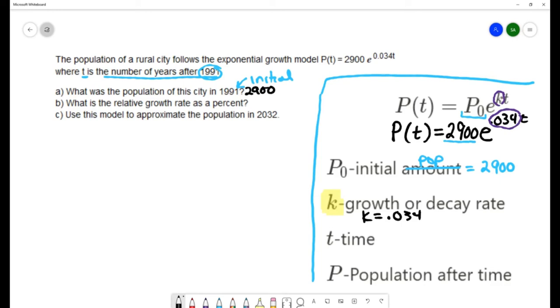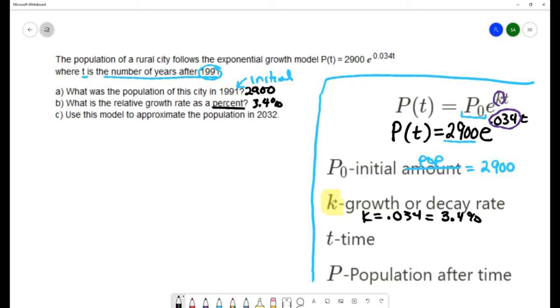This question specifies that it wants it as a percentage, so we're going to move that decimal point 2 places to the right, and that gives us 3.4%. So this rural city has a growth rate of 3.4%. So that's the answer for part B.